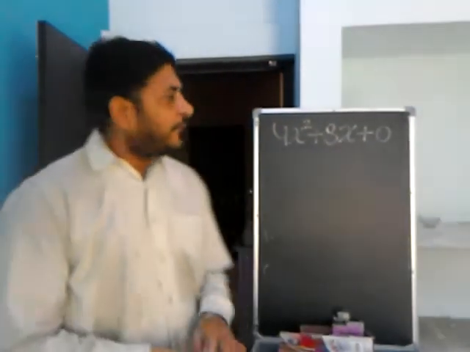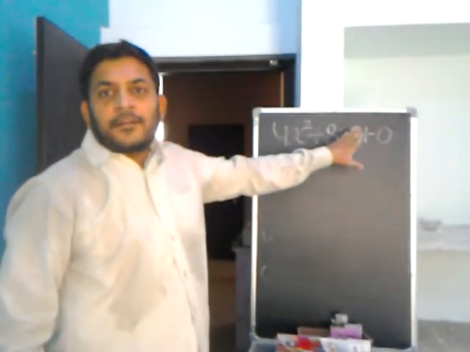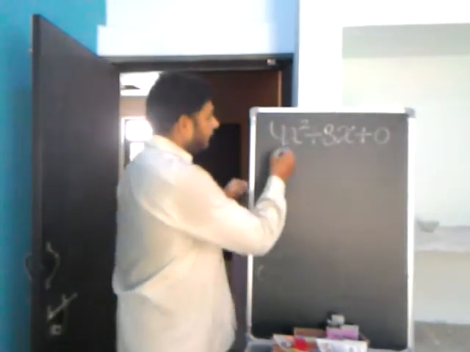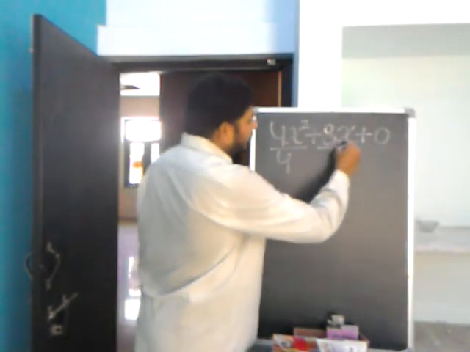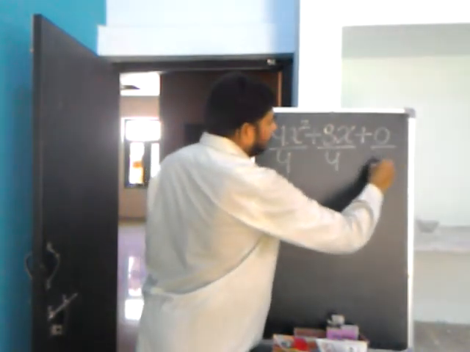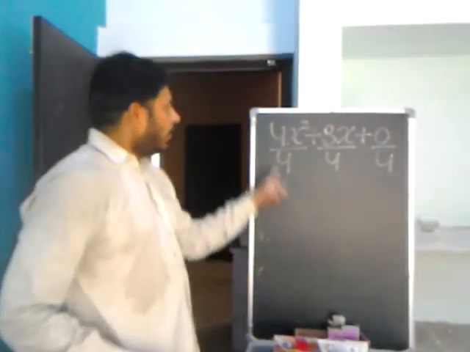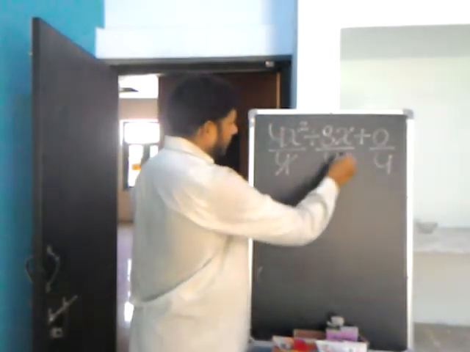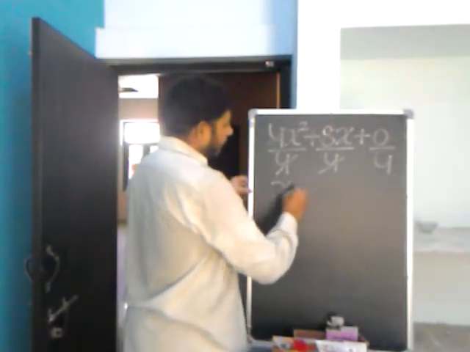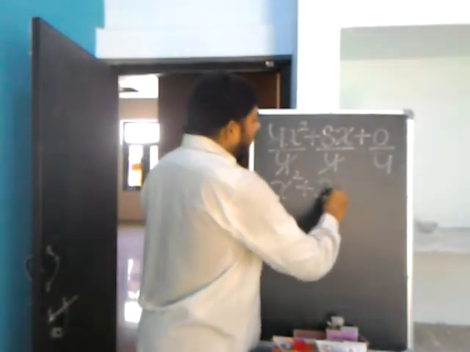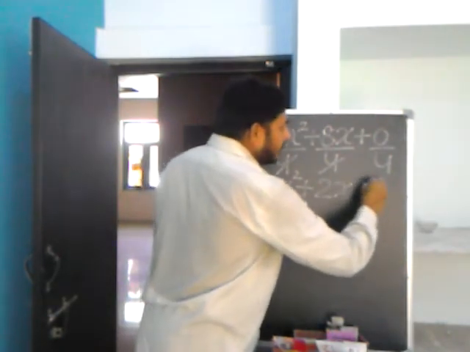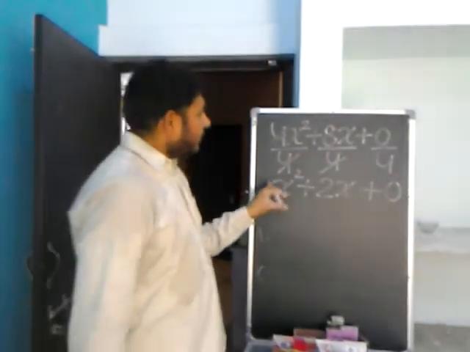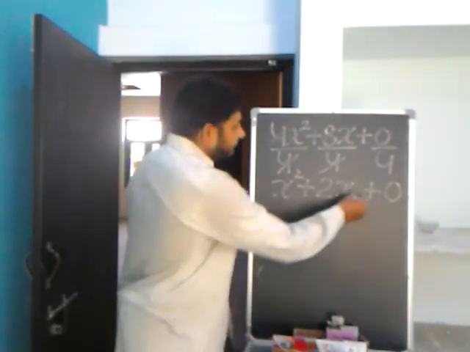We know that we will divide all these three terms by the value of a, and the value of a is 4 in this question. So I got x square plus 2x plus 0.